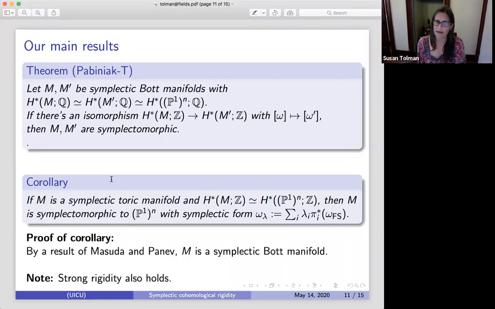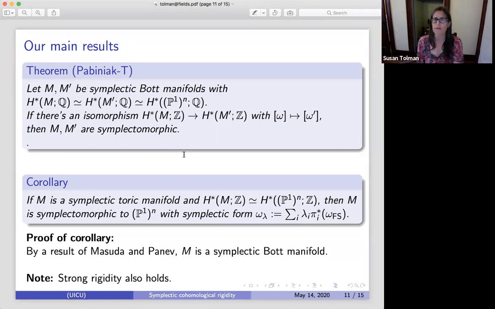The corollary is very easy to prove from the main theorem, because there's a result of Masuda and Panov that says that under this hypothesis, M is a symplectic Bott manifold. Once you know it's a symplectic Bott manifold, it just follows trivially from the main theorem. And there's one note I wanted to mention, which is that strong rigidity also holds.